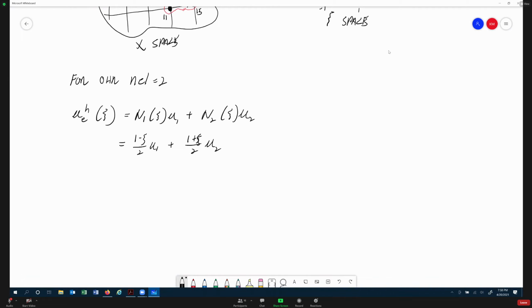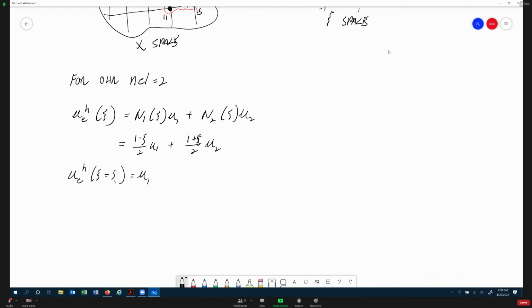So we end up getting u^h when ξ is equal to ξ1 leads to u1.